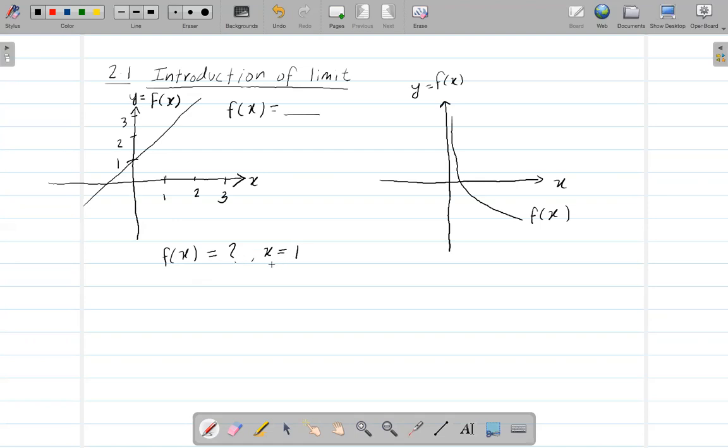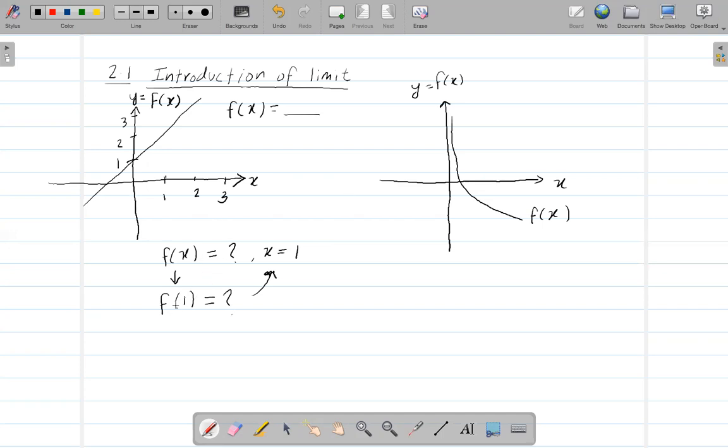So what is the value of f of x when x is 1? That means when x is exactly 1, what is the value of f of x? When x is 1, I can say f of 1, right? So what is the value of f of 1 when x is 1?